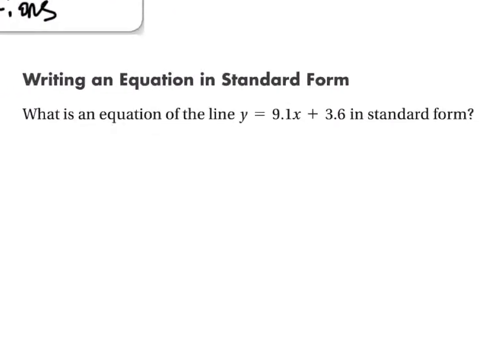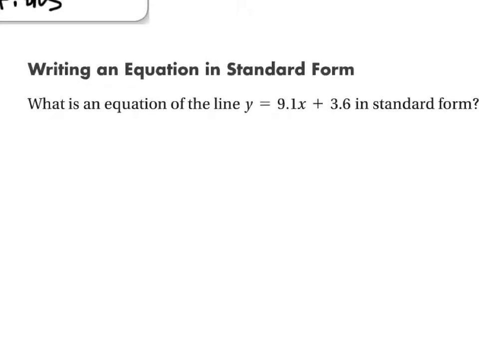Try another one. How about this equation? We want to write this equation in standard form. So first thing we have to do is what? Subtract, well, not just the x, we're subtracting 9.1x.